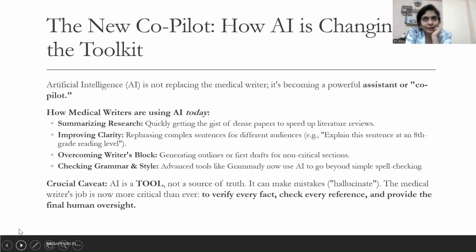So the first thing we need to relieve ourselves of is the worry that artificial intelligence will replace us. We need to use AI as our co-pilot for tasks such as summarizing research. Research papers are pages long, so AI can really help us in summarizing these long pages without missing out on any important detail. Then it improves clarity, and rephrasing becomes a little easier, especially when it comes to a patient education leaflet.